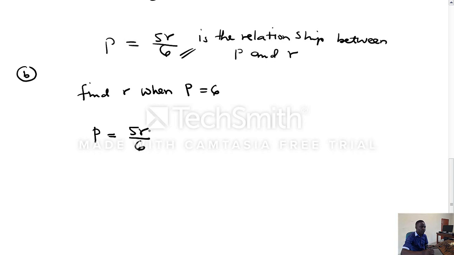We are going to first of all make r the subject of the formula, and thereafter we substitute p for 6.